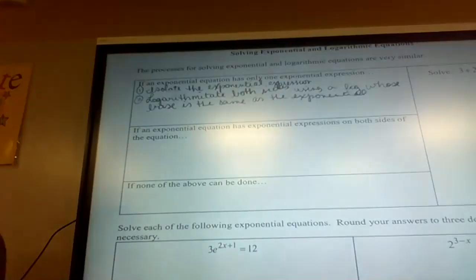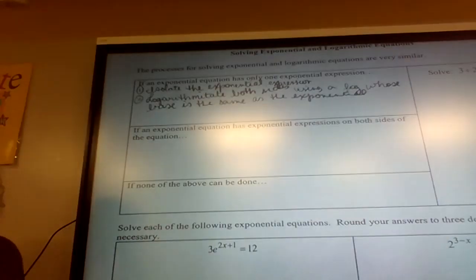So you take the log of both sides using a log whose base is the same as the base of the exponential. And then you solve the resulting equation.